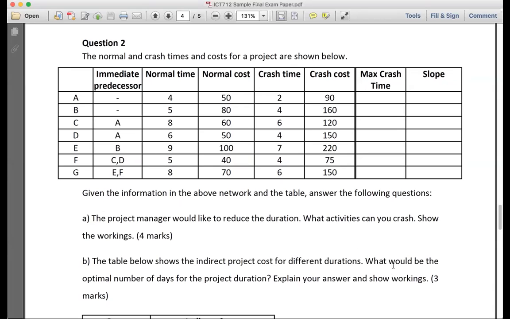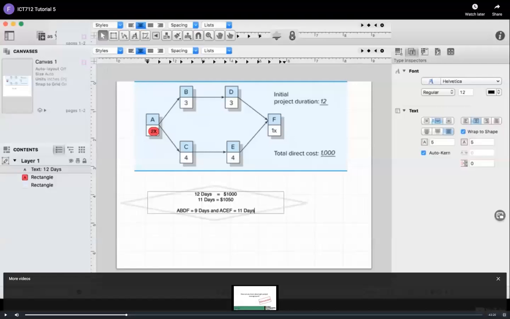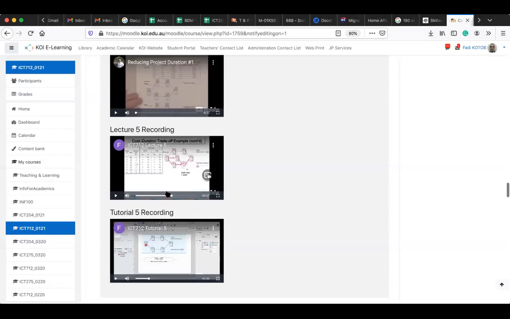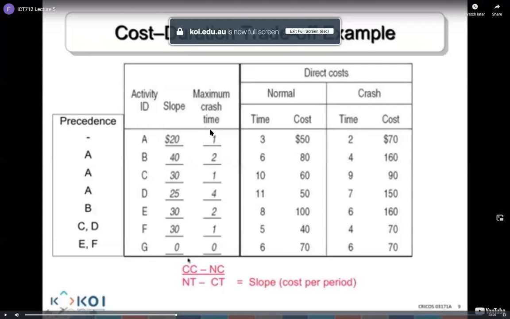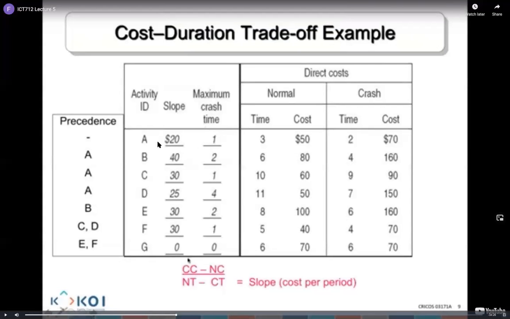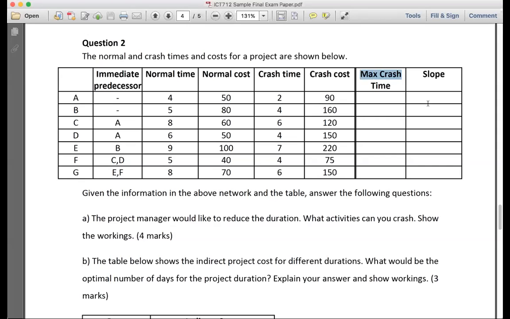What I also want you to see is that in the first lecture slides, we looked at how you calculate slope and how you calculate maximum crash time. It's a very simple formula, but it's really exactly the same thing you are asked to calculate here as part of your calculations.